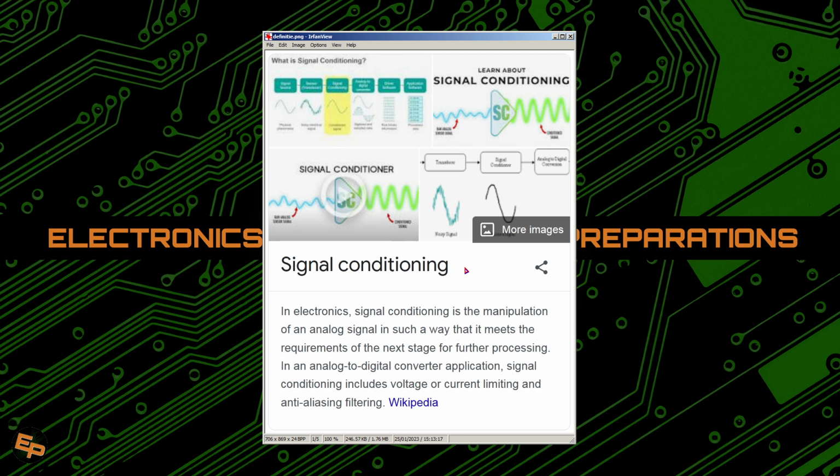If we search on the internet and get to this particular definition on Wikipedia, they say that signal conditioning is basically the manipulation of an analogic signal in such a way that it satisfies the requirements of the next stage for further processing.